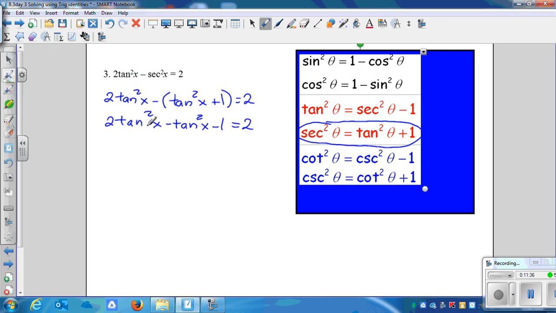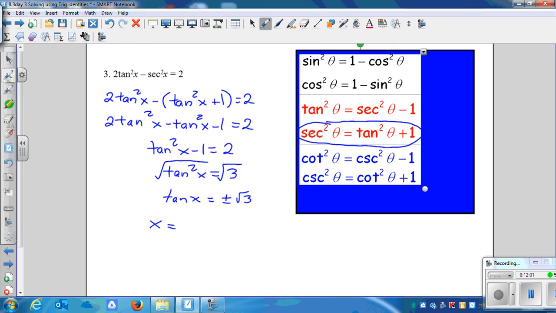Let's take a look at this. 2 tangent squared x minus 1 of them is 1 tangent squared x. So we're not going to set equal to 0. We're going to go ahead and isolate the tangent squared x and take the square root of both sides. So we get tangent of x equals plus or minus the square root of 3.